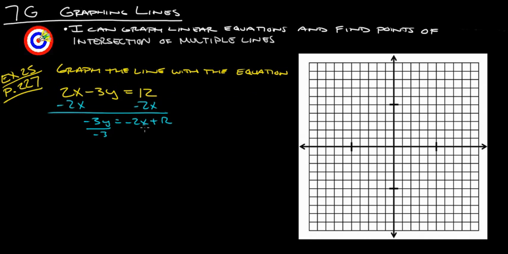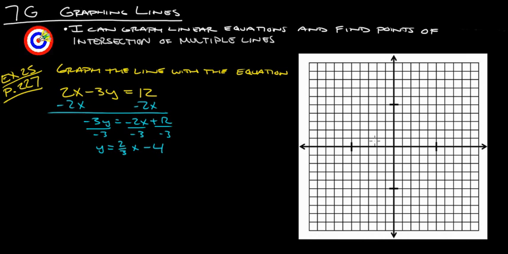Then I'm going to divide everything by negative 3, and I get y equals 2/3 x minus 4, because negative over negative is positive, and a positive divided by negative is a negative.